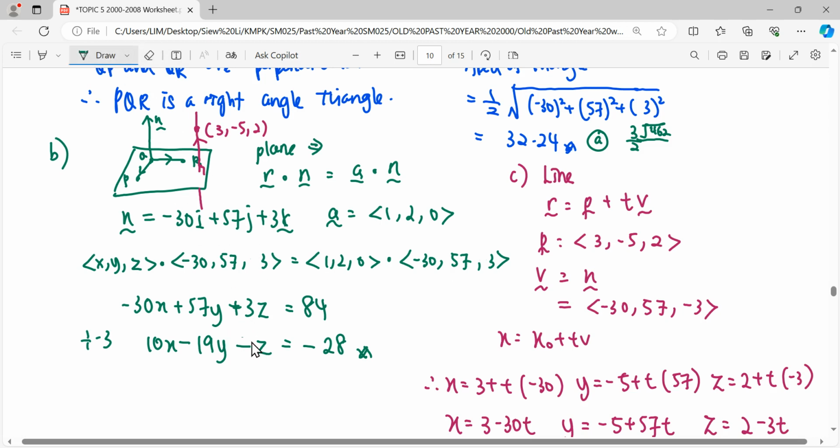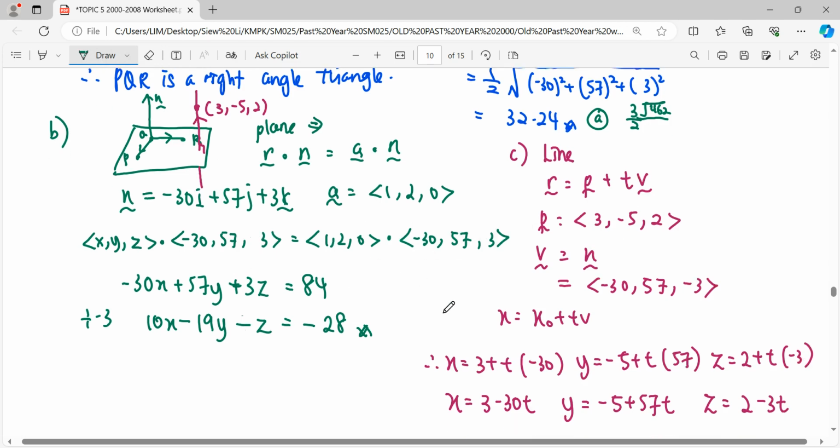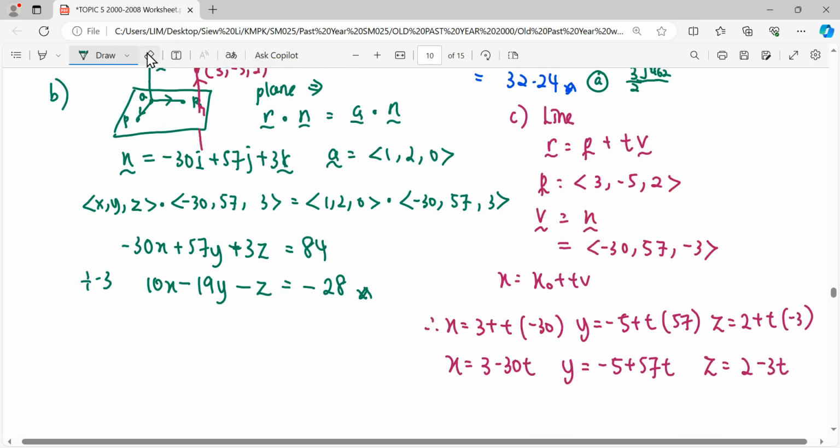And if divided by negative 3, we get negative. For this part, times 0 will not change anything. Then this one is positive 3. So lastly, the parameter will be 2 plus 3t.